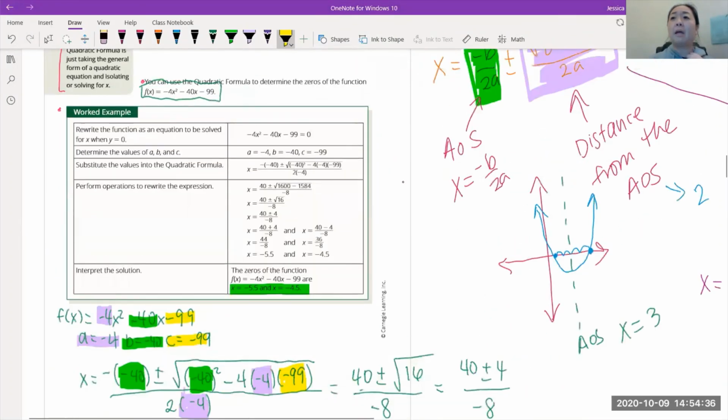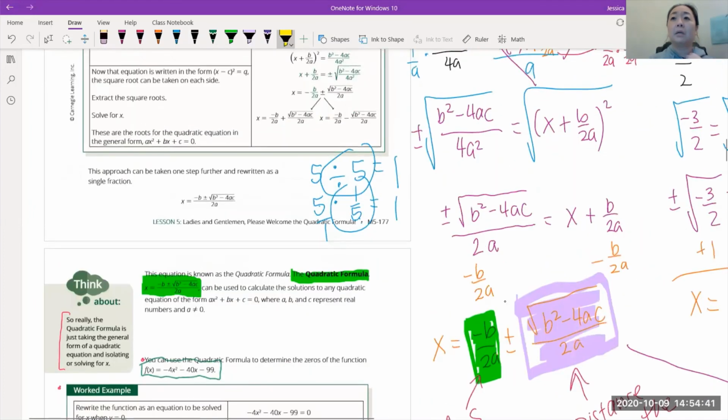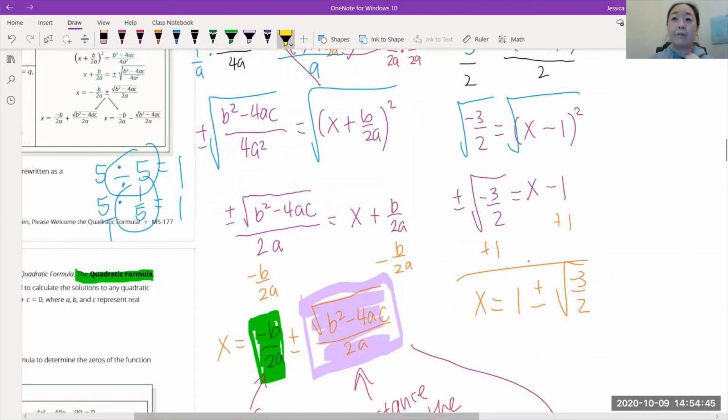Where did my... yeah, oh yes, this one right here. So you can leave it like this, 1 plus or minus the square root of -3/2. We'll talk about that later with that negative thing. But if you cannot reduce this anymore, then you just leave it like that, right?